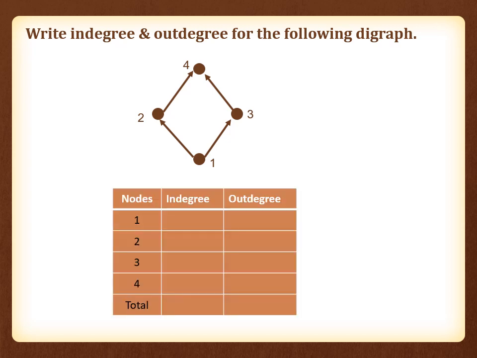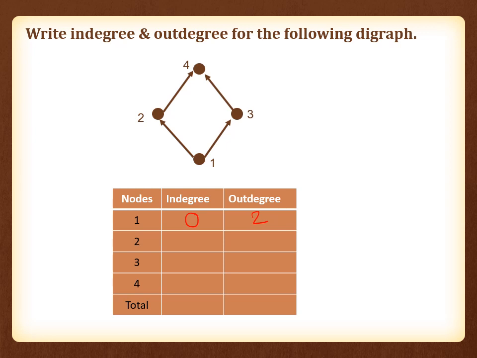Now we'll start with vertex 1. For vertex 1, there are two edges incident with vertex 1, and both the edges are going out from 1. That means in degree of vertex 1 is 0 and out degree of vertex 1 is 2.